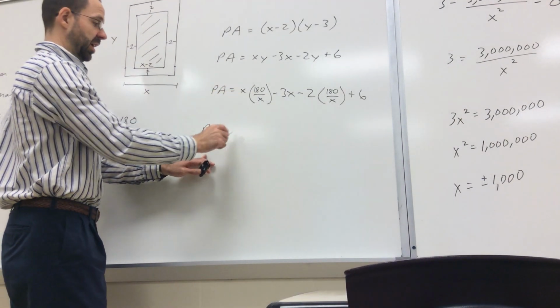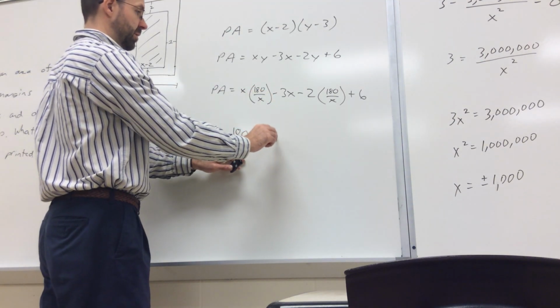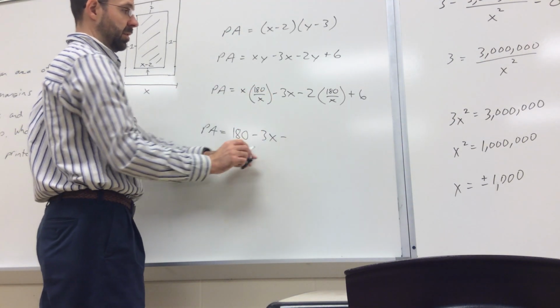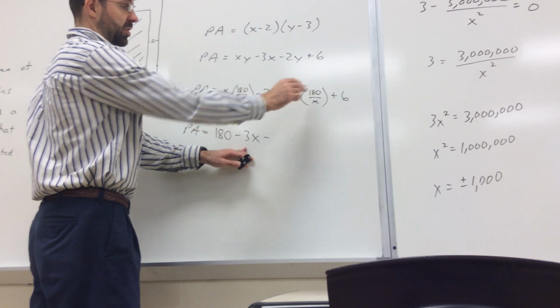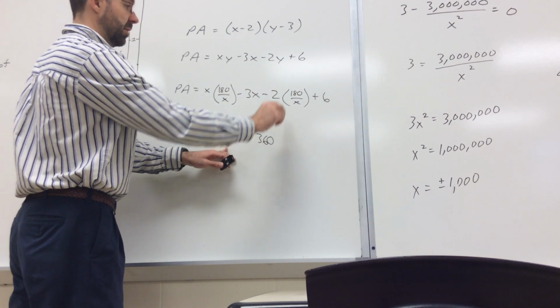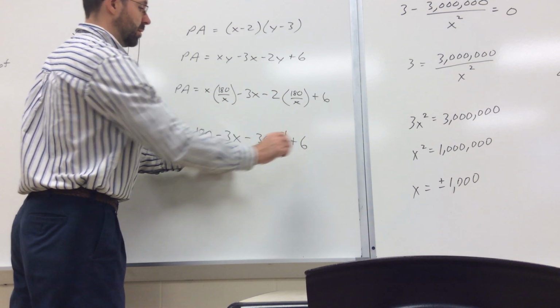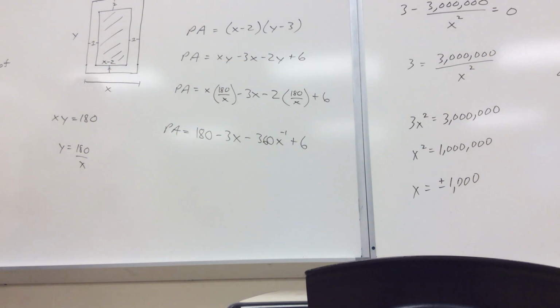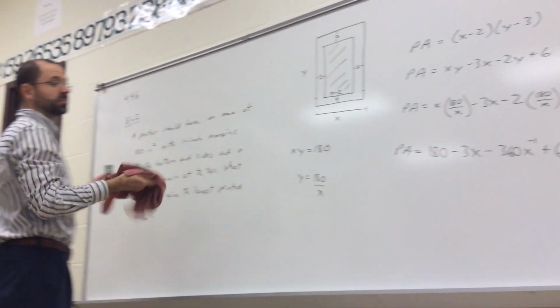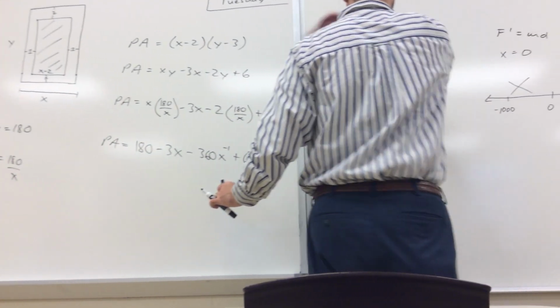So here the x's will cancel, so we just have 180 minus 3x. 2 times 180 is 360, so that's 360. I'll go ahead and make that x to the negative 1. So there's my printed area equation.